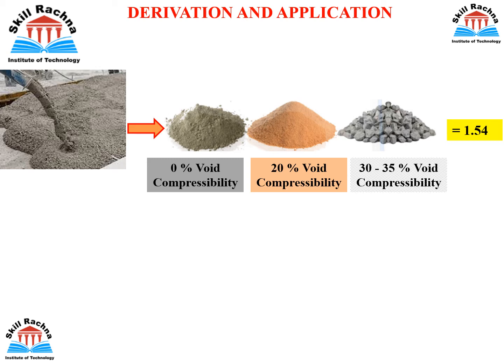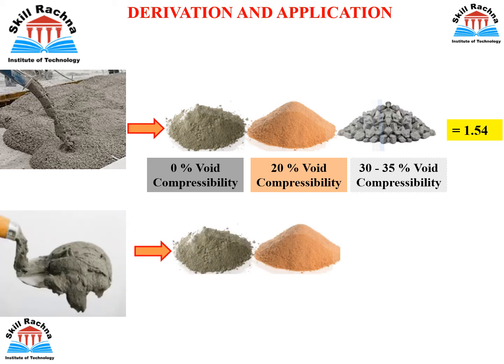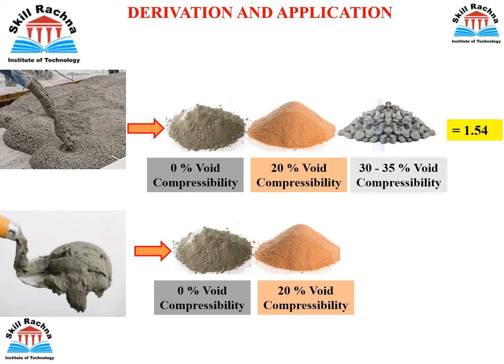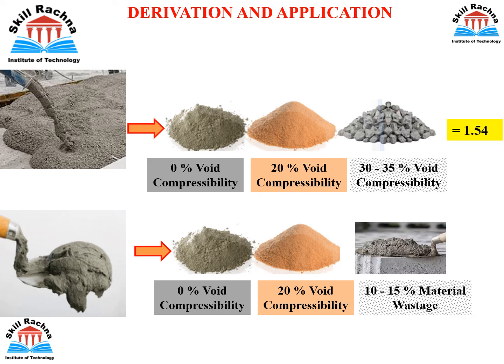On the other hand, if I take a concrete which consists of only cement and sand, in that case we have already seen the compressibility for cement will be 0%, and for sand it will be 20%. Now we need to add one more component here, and that is the wastage component, which will be approximately 10 to 15% in this case. So if I add all three, it is going to give me a value of 1.33.